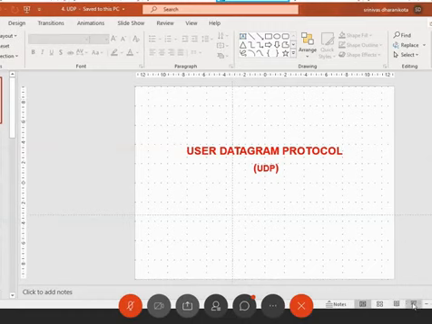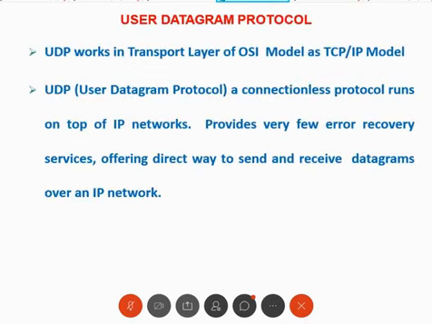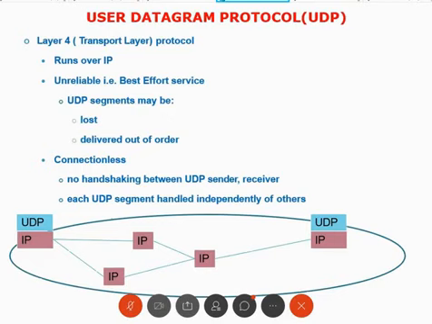Quickly run through UDP, user datagram protocol, in depth. Just to be discussed, we'll quickly run through. Unreliable, it works on a best effort basis only. It's connectionless. No handshaking is required between the sender and the receiver.